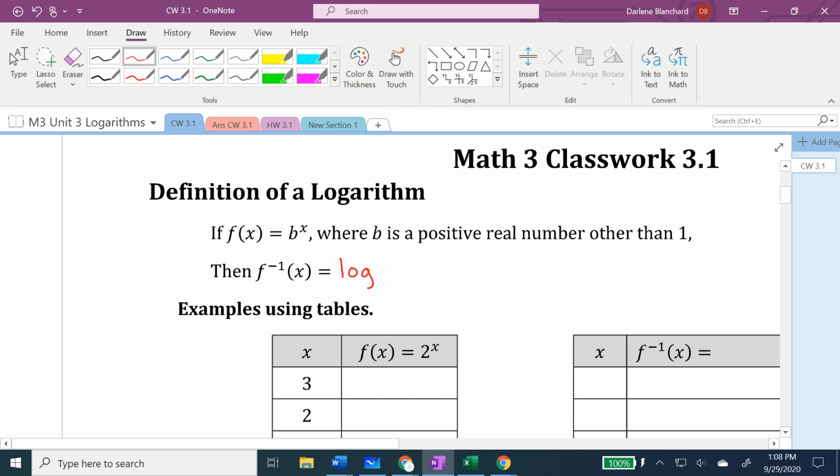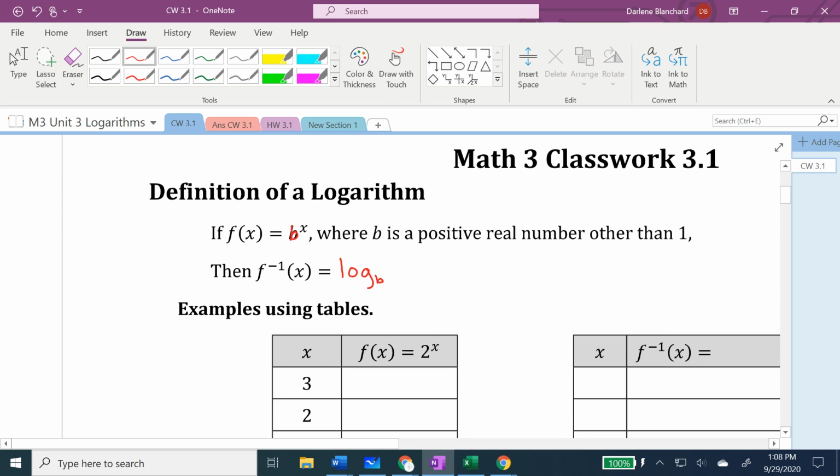Because it's called a logarithm, we shorten it with 3 letters and call it a log. Then the base of this exponential function needs to match the base of the logarithm. However, when you write it, you are going to do a subscript.